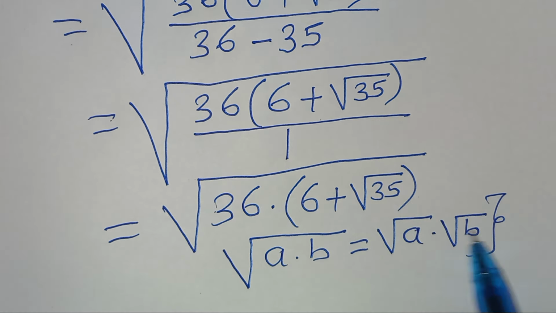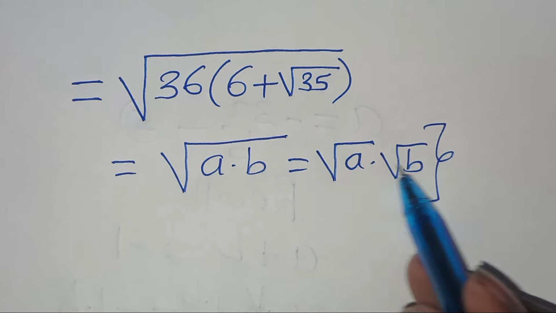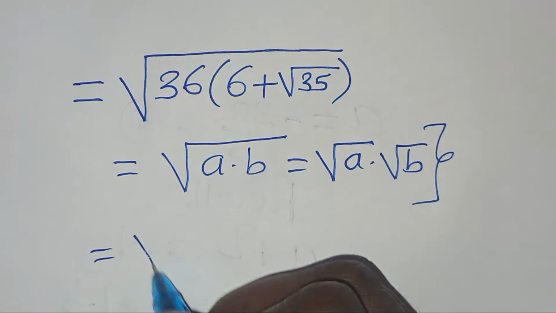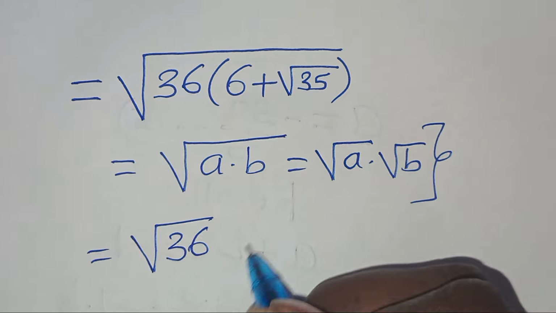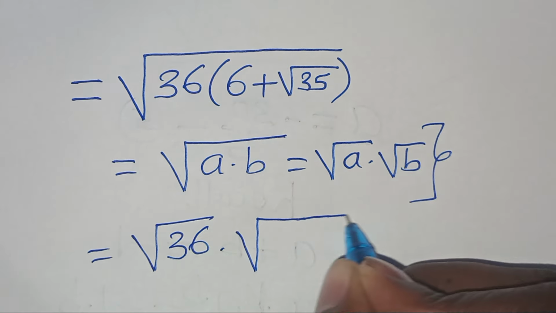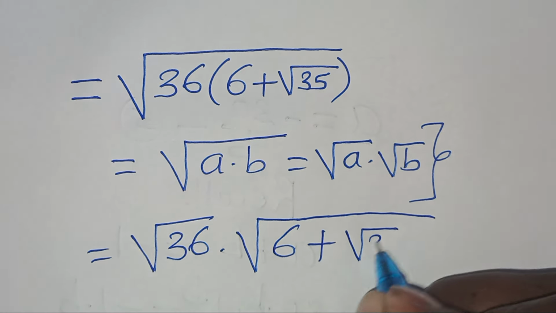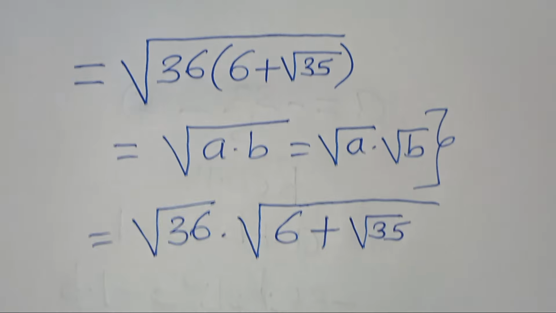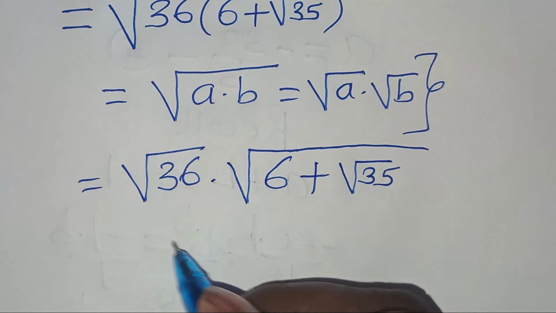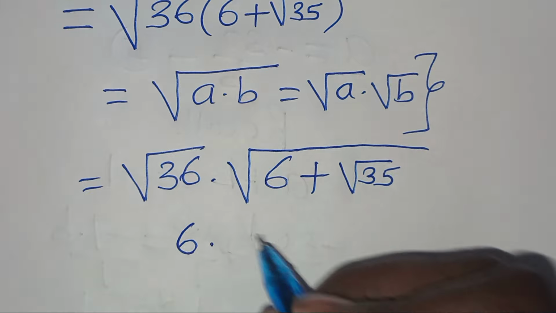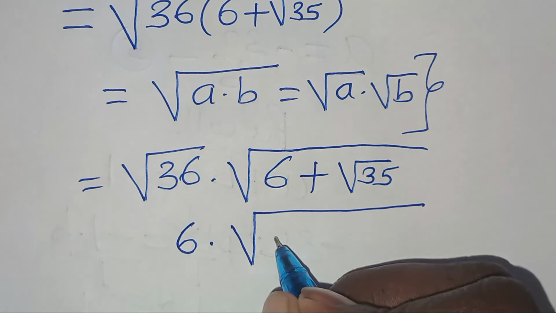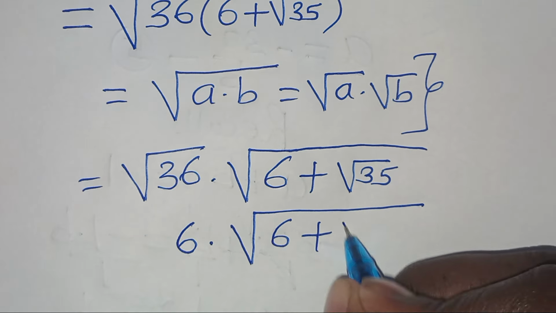Now applying this property, then here we have the square root of 36 multiplied by square root of 6 plus square root of 35. And this implies that square root of 36 is equal to 6 multiplied by square root of 6 plus square root of 35.